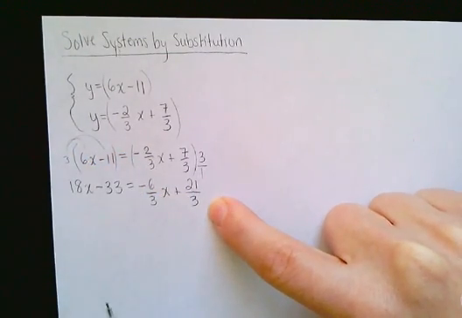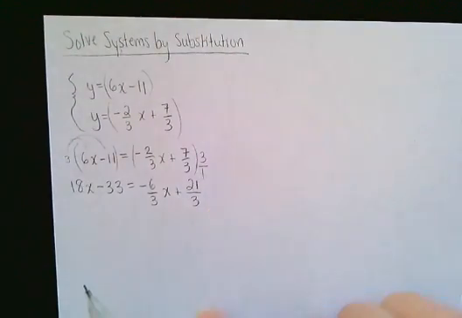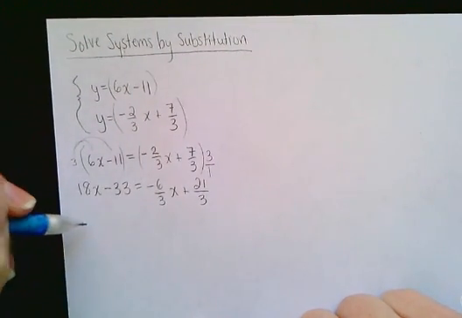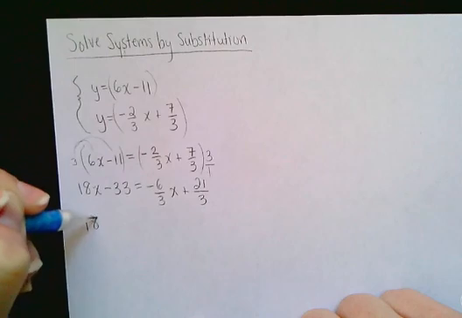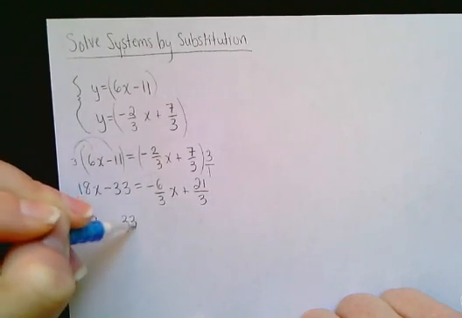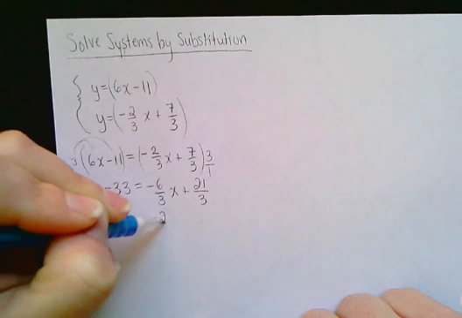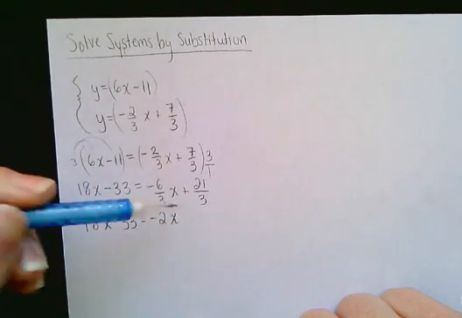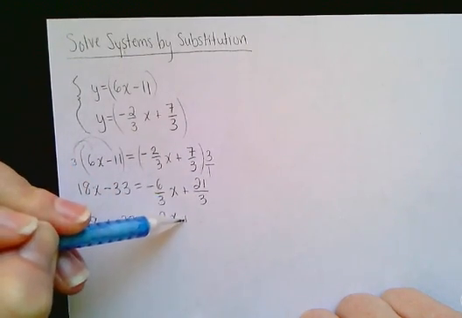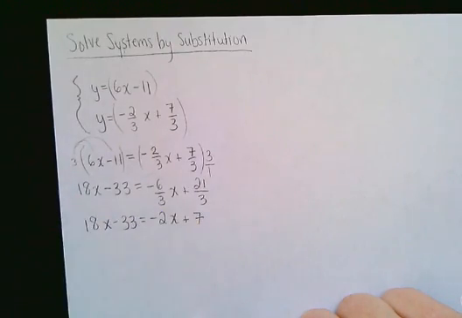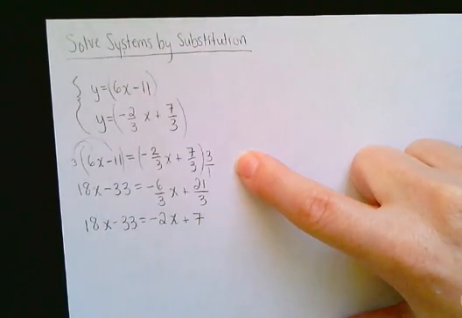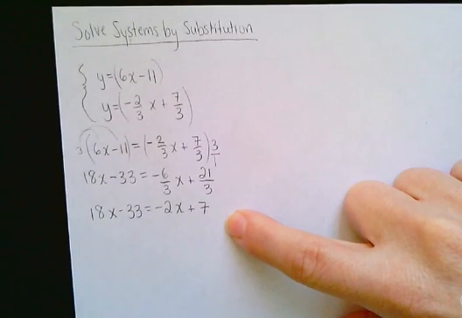So these fractions are going to reduce to integers, to regular easy numbers. So 18x minus 33 equals negative 6 divided by 3 is just negative 2x, and 21 divided by 3 is 7. So you can see we canceled out the fractions, and now we just have a regular equation.